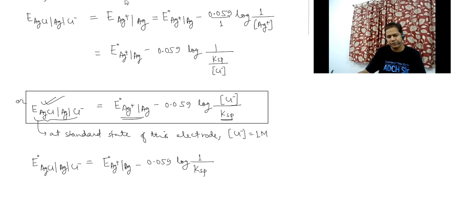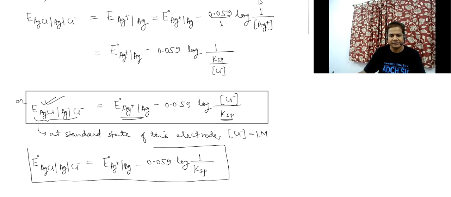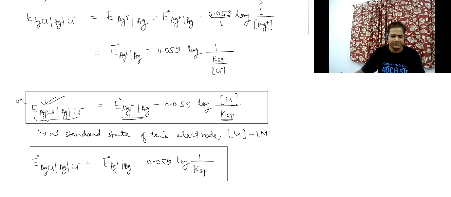We can also use this as an important result. So we have derived two important results: an expression for calculation of electrode potential for metal-metal insoluble salt electrode, and another expression for calculation of the standard electrode potential of a metal-metal insoluble salt electrode.